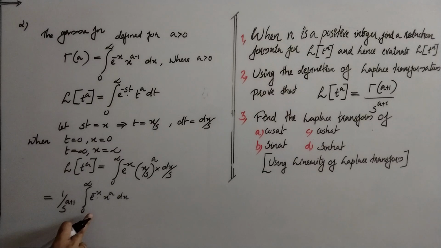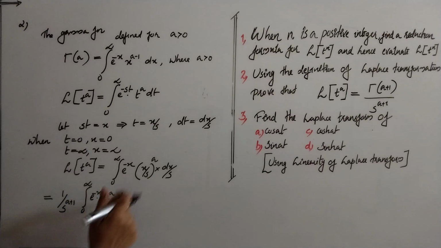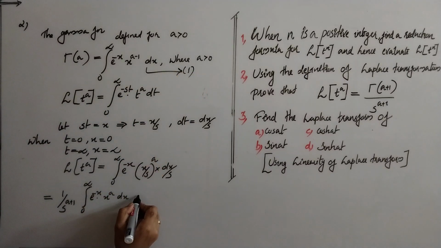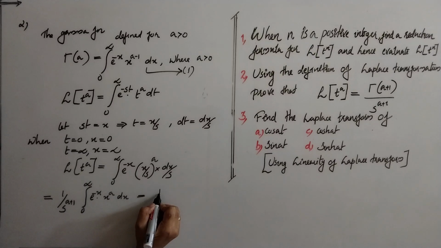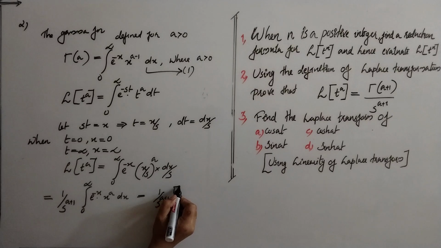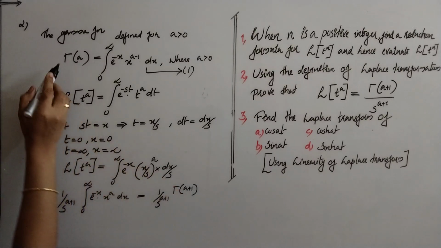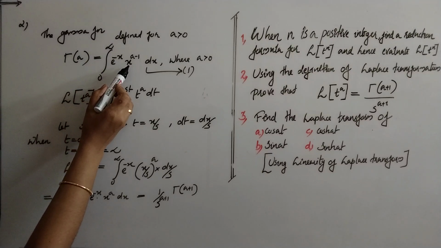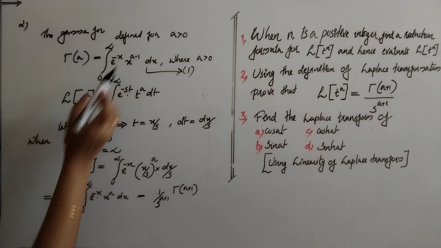Now, what is integral 0 to infinity e raised to minus x into x raised to a dx? Compare this with equation 1. What we get is 1 by s raised to a plus 1 into gamma of a plus 1. Gamma of a is integral 0 to infinity e raised to minus x into x raised to a minus 1.